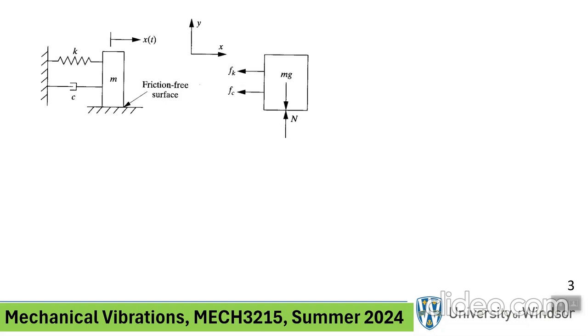So anyway, we have to draw the free body diagram of the block, and assuming that the coordinate system that we use is shown on the top left side. The forces in the vertical direction are the weight of the object due to gravity, and the normal reaction force that is exerted by the ground on the block, preventing it from going through the ground, of course. Horizontally, the spring always resists the motion, and the damper that we're introducing here, which is drawn in the symbol below, is resisting motion.